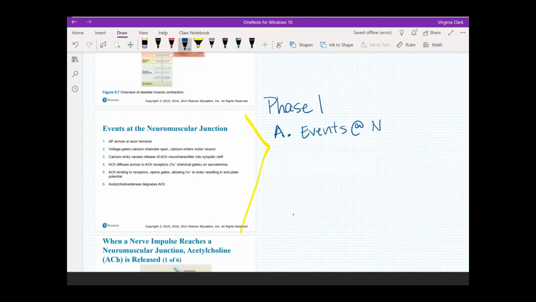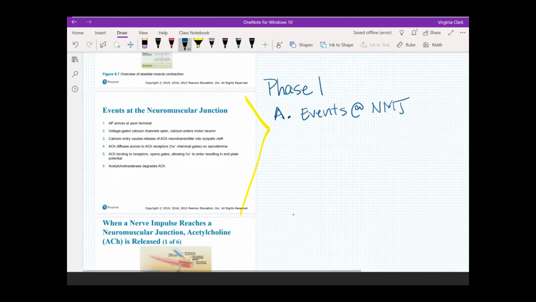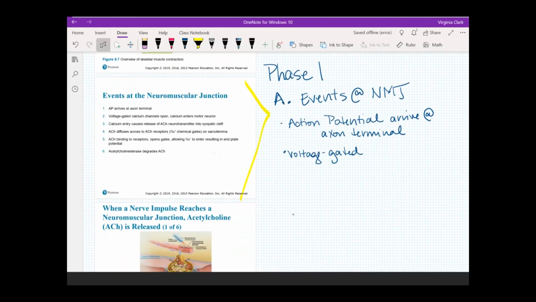How do we get communication? First step, an action potential, which is a communication, an electrical change, will arrive at the axon terminal. Next step is voltage gated, meaning it is closed and the only thing that opens it is a change in voltage.